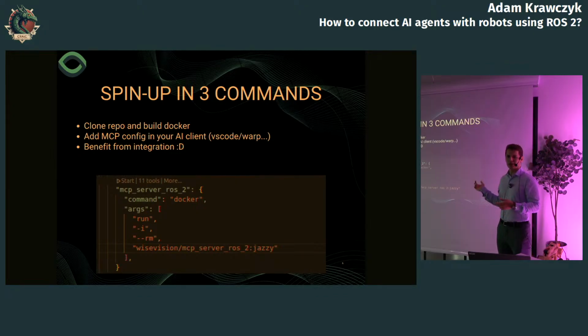Basically, that's the only lines you need to put into VS Code to start using our tool. Yeah, it can run in any environment that supports MCP, so VS Code, Warp, a lot of them.